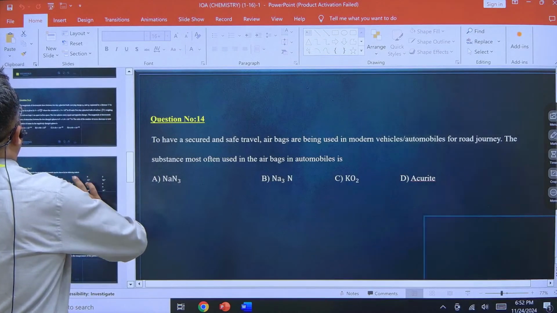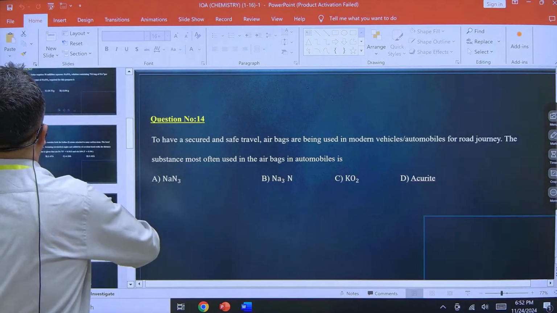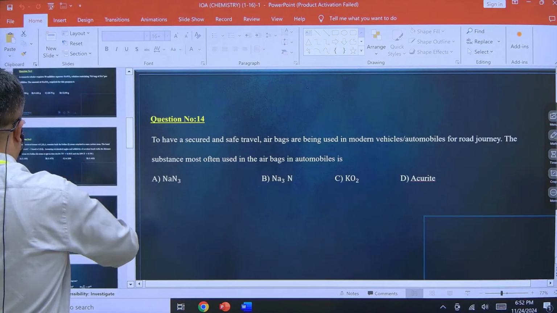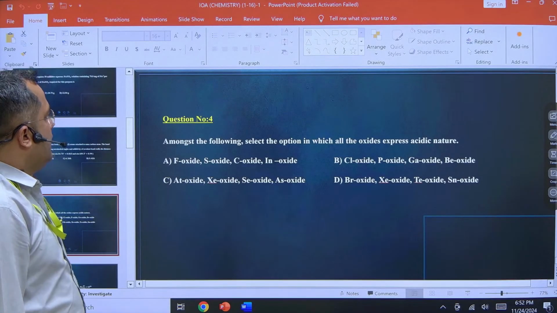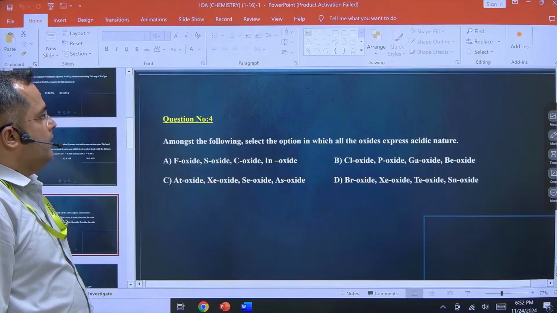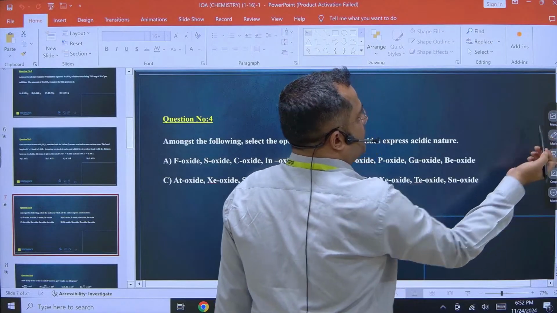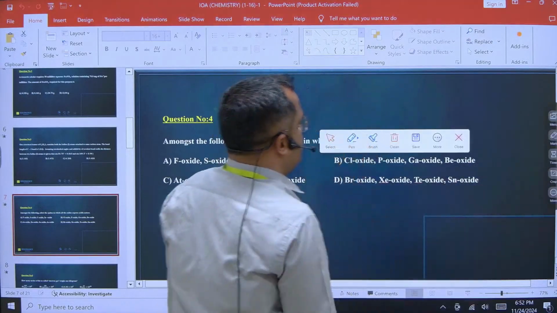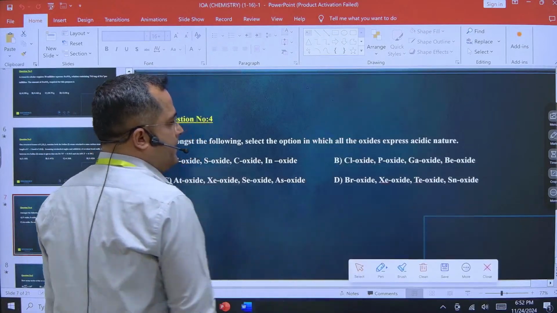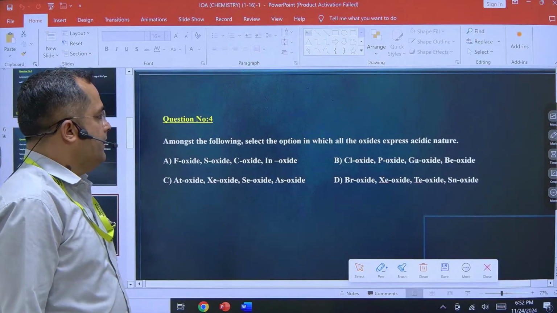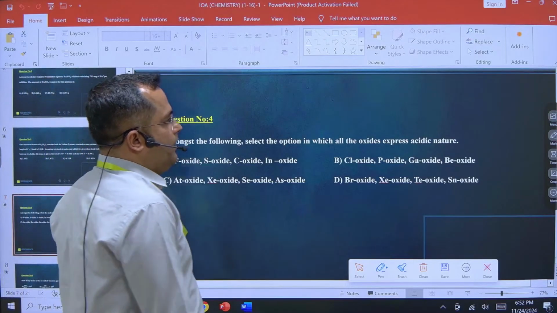So we have already solved several questions. Let us see this question also. Among the following, select the option in which all the oxides express acidic nature. Let us see. We all know acidic nature is exhibited only by nonmetals. So we have to check, and we all know beryllium is there.